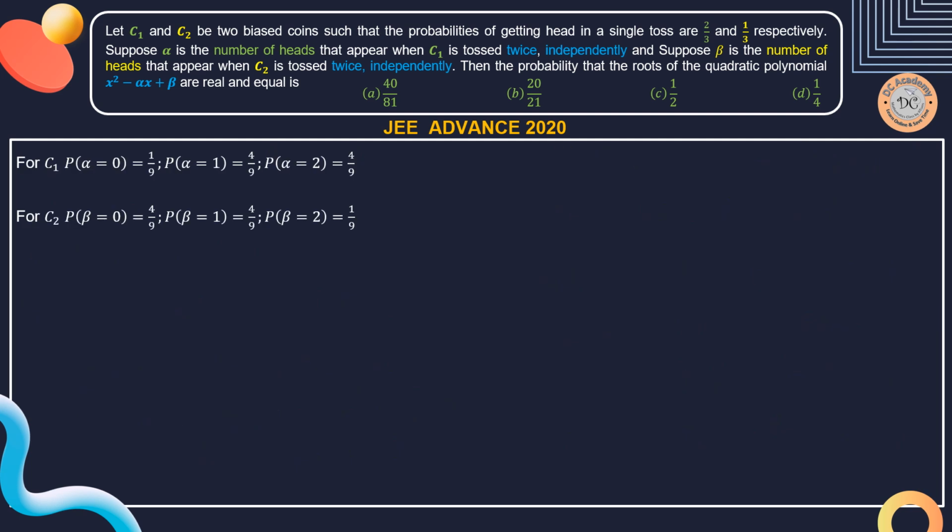Now I have to find the probability so that the given quadratic equation has equal roots.